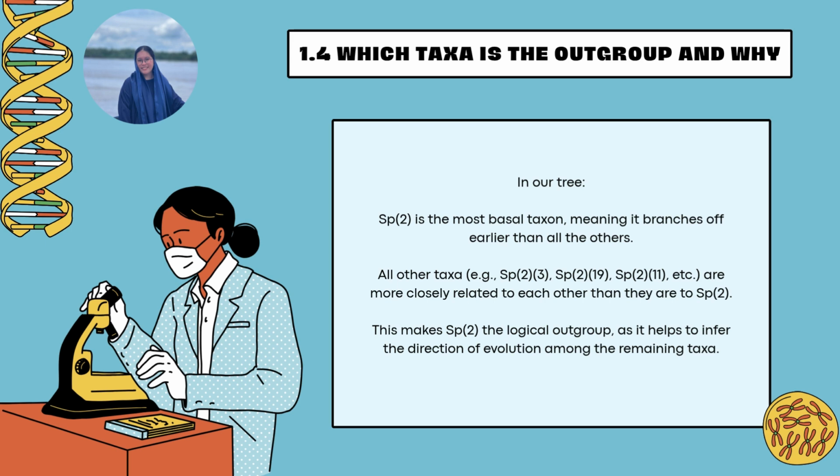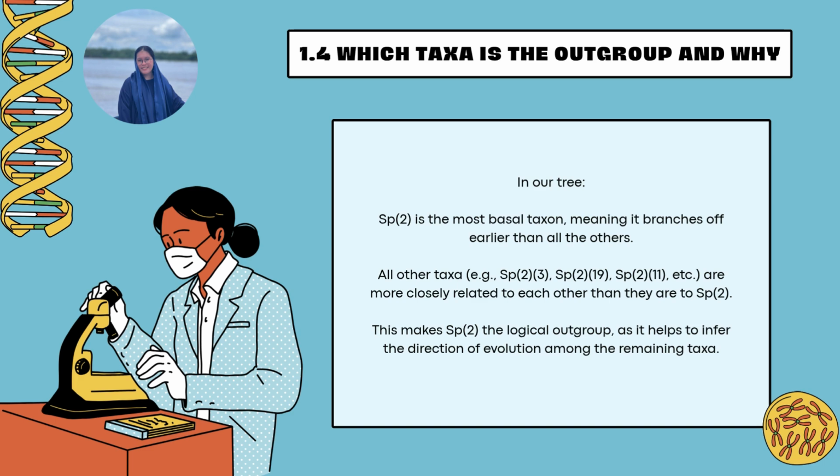1.4 Which taxa is the outgroup and why? In our tree, SP2 is the most basal taxon, meaning it branches off earlier than all the others.